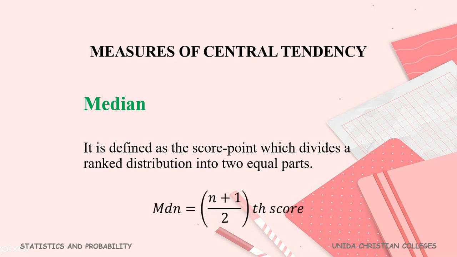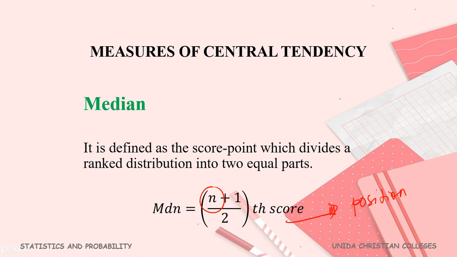And for us to be able to solve for the position of our median, we have this formula: N plus 1 divided by 2, where N is the total number of our data or the total number of our sample. Okay? So, this formula po ha is for the position only. Okay? So, after mo makuha yung position, count mo siya and then makukuha mo na yung median.